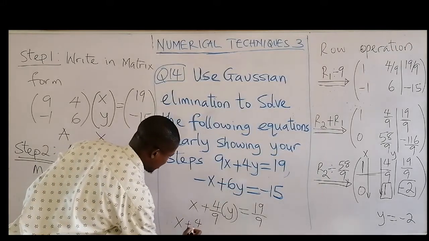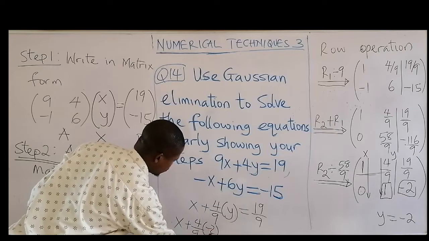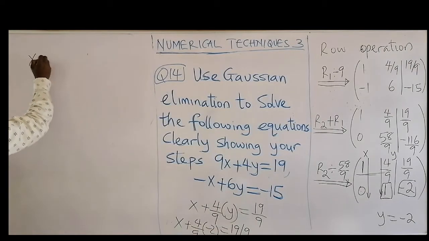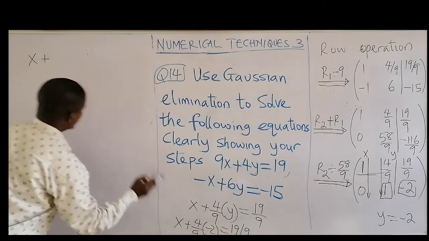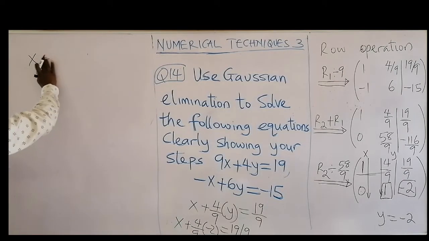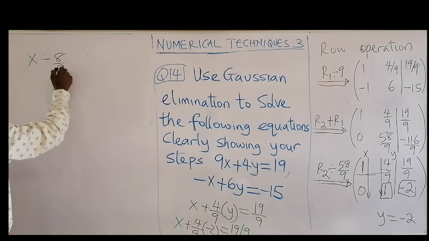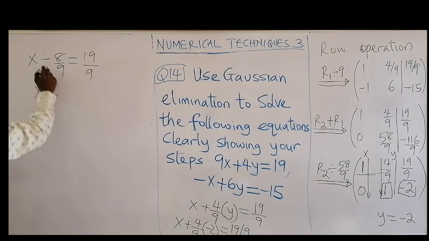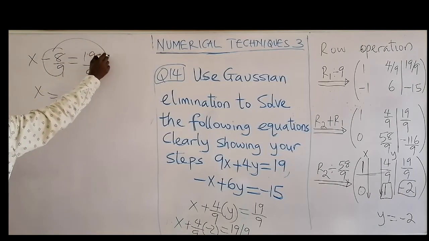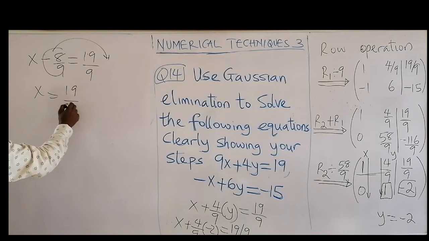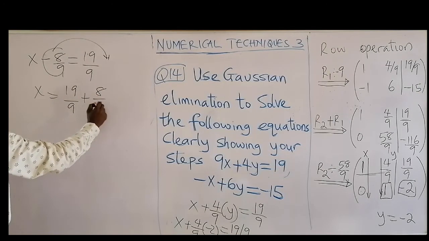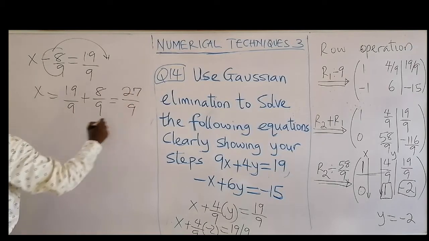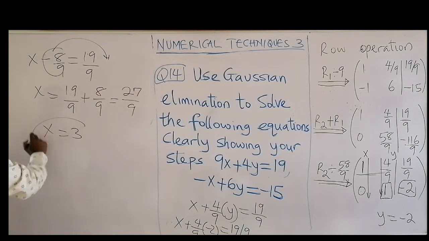So we now have x plus 4 times minus 2, that's minus 8 over 9, equal to 19 over 9. Move this one to the other side: 19 over 9 plus 8 over 9, that's 27 over 9. So x is 3.